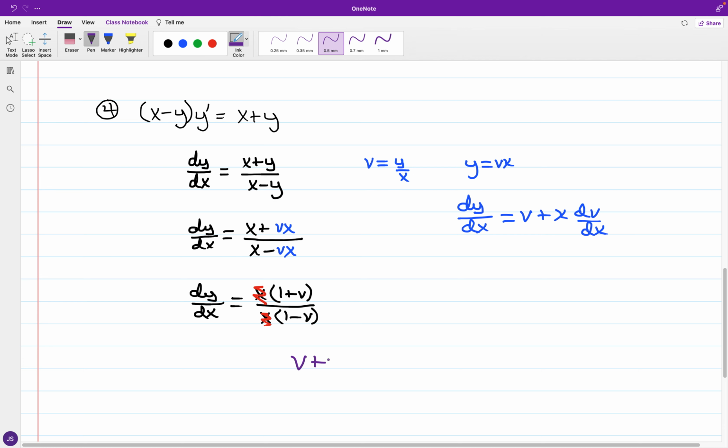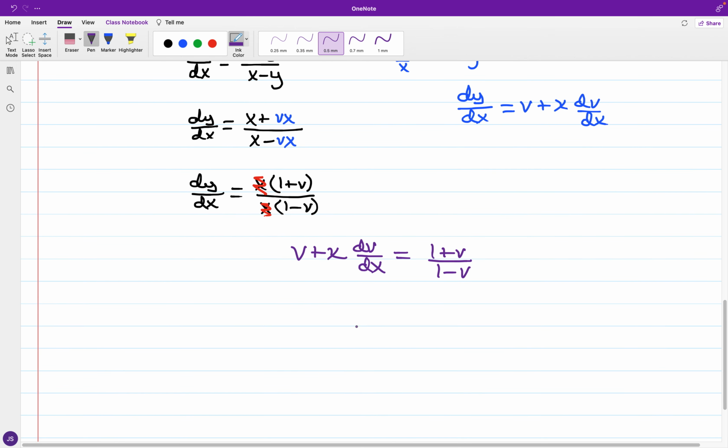Okay. And so looking at what we have, setting things up simultaneously, we have v plus x dv over dx is equal to 1 plus v all over 1 minus v.